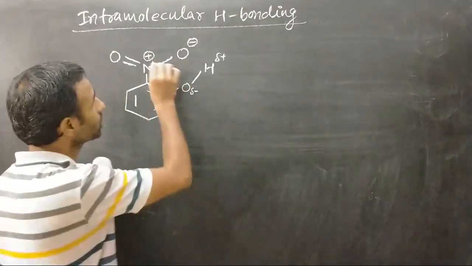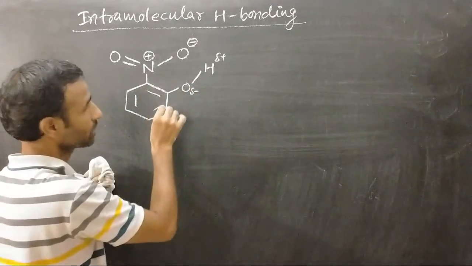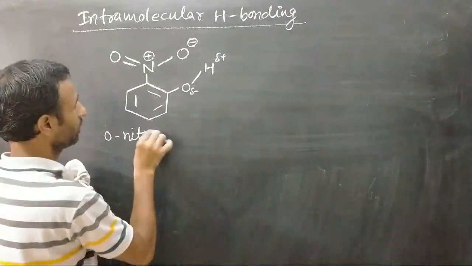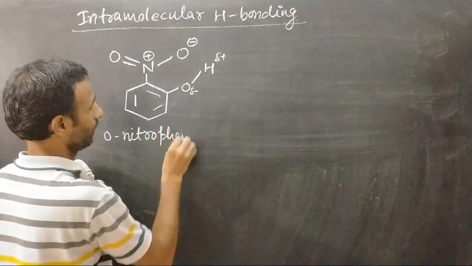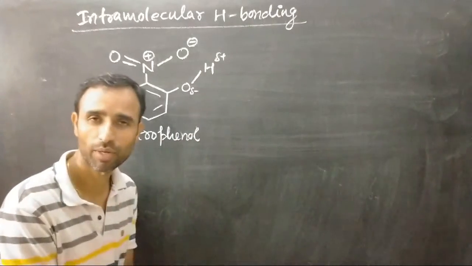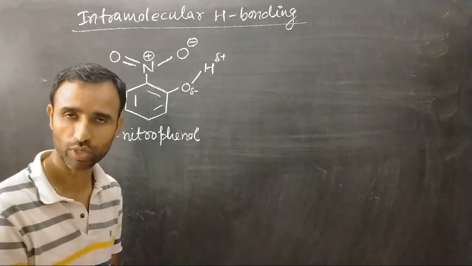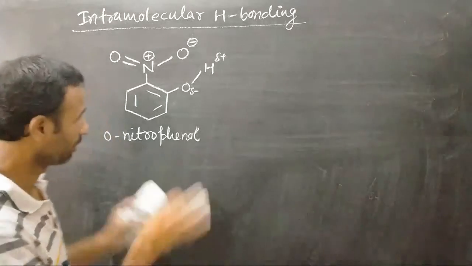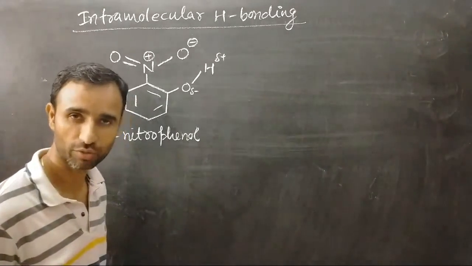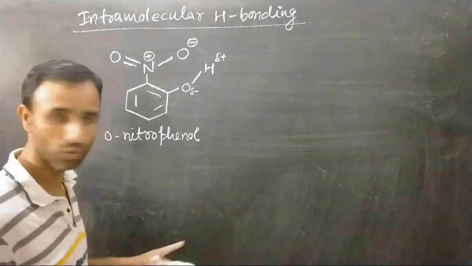So these two groups are attached to the same molecule. It is called orthonitrophenol. You can remember the structure; I will let you know why it is called orthonitrophenol when we start organic chemistry.